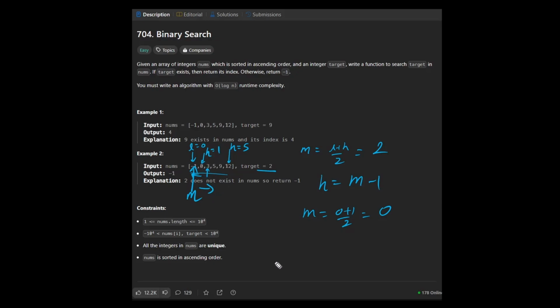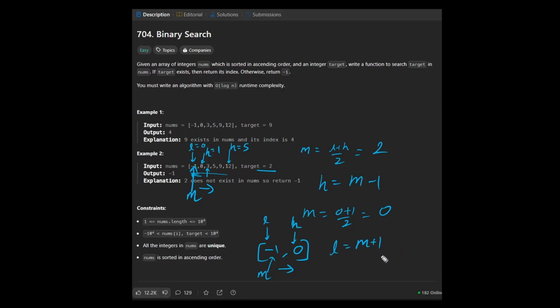On this side of the array, we have -1, 0 at this point in time. This is low. This is high. 2 should be on the right side from the middle point. So what would move? The low would move. Low would become middle plus 1.